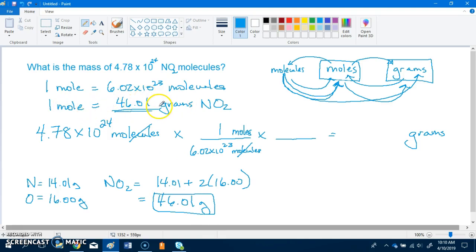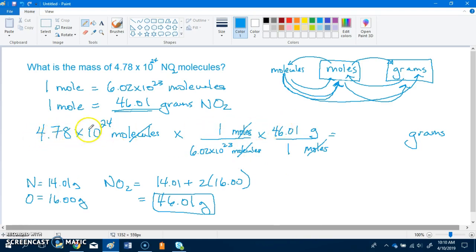And then this will be our conversion factor. We want to have grams. We're going from moles to grams, so that means we are going to cancel out moles on the bottom and have our grams on top for our final answer. So that means we're going to put that 46.01 grams on the top and 1 mole on the bottom. Now that our conversion factors are set up correctly, we will then multiply across the top.